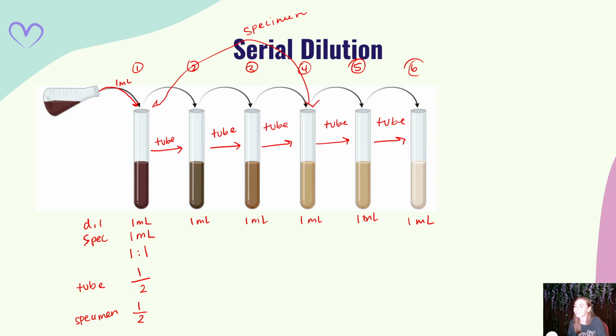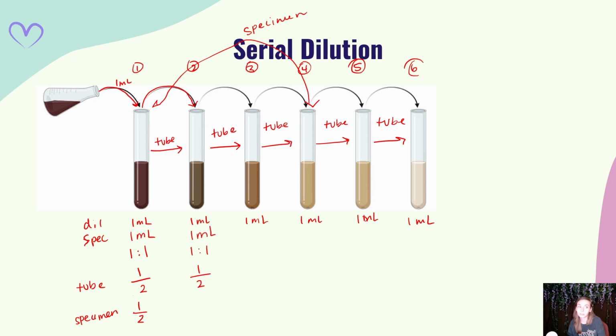If I have not added diluent to it, it is not a dilution. It's 1 to 1. So let's say that from my tube 1, I take out 1 milliliter of my diluted tube liquid, and I put it into tube number 2, and I mix it with the 1 milliliter of diluent already present. So I have added in 1 milliliter, which means that within my tube here, I have a 1-to-1 ratio of new tube to old tube, which means that my new tube to old tube ratio is 1 to 2.